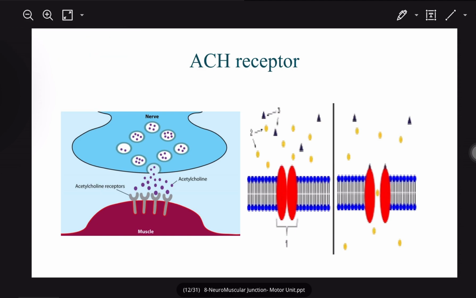So this is the nerve, this is the acetylcholine, as we said, coming in with the calcium. As soon as the gate opens, we will release the acetylcholine here. We have specialized receptors, acetylcholine receptors.